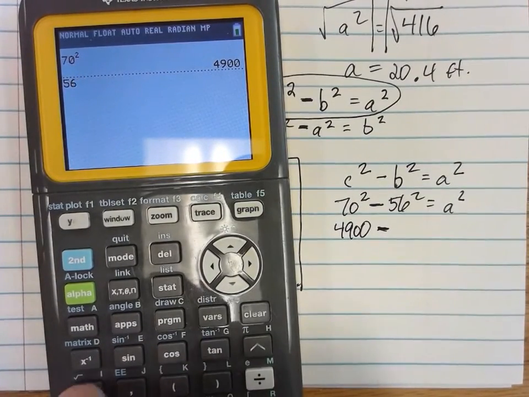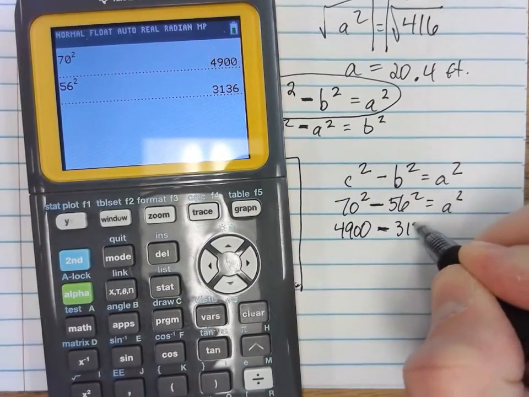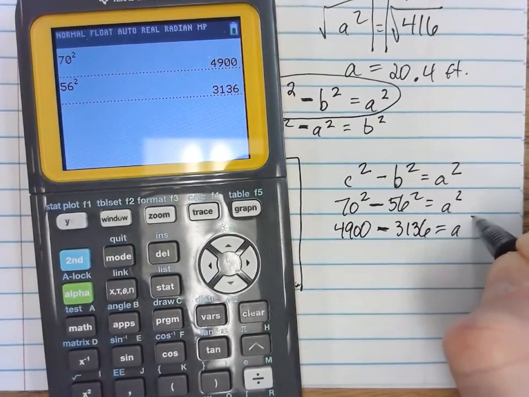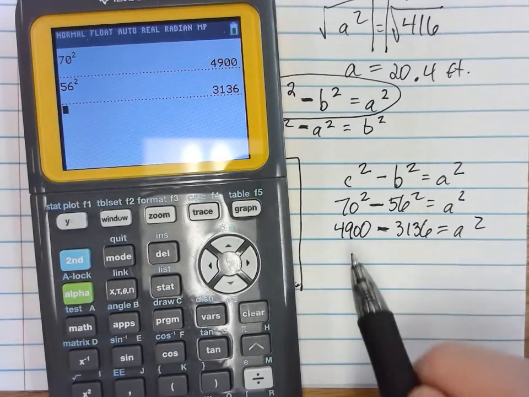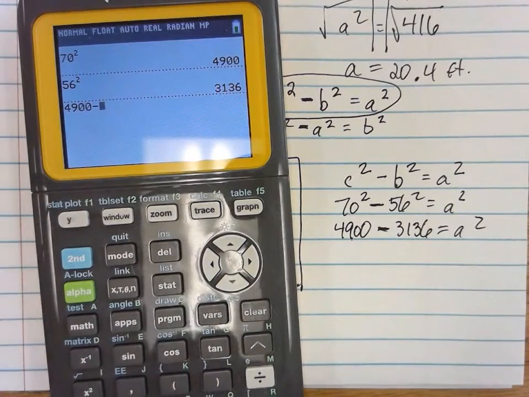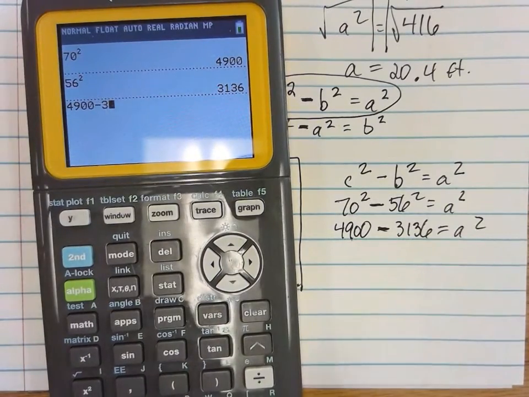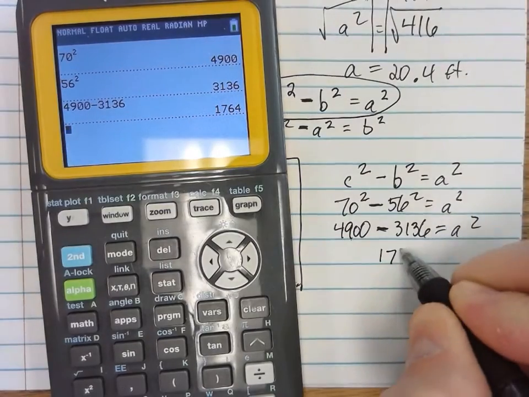Now, I don't know what that is. That's 56 squared. 3,136. So now I'm going to do the hypotenuse minus the leg here, c squared minus b squared. So 4,900 minus 3,136 puts me down to 1,764.